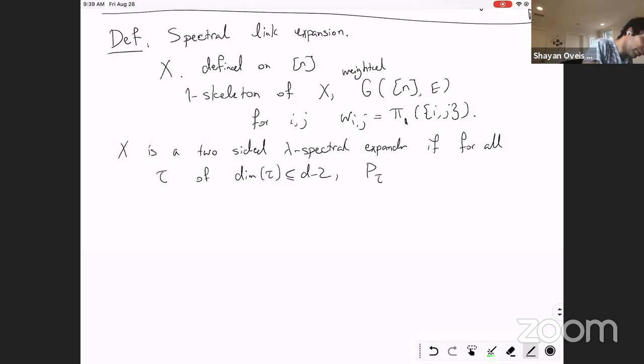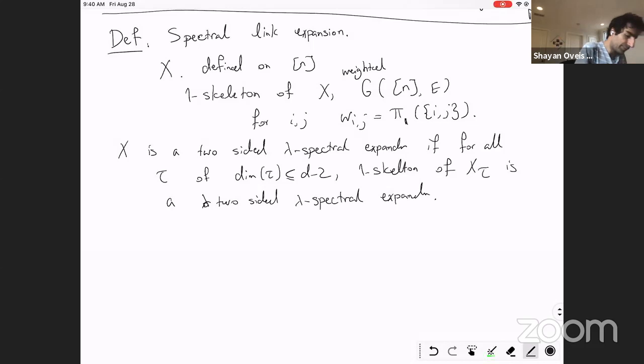P of tau, or let's try to find it this way. One skeleton of X of tau is a two-sided lambda spectral expander. In other words, I define the graph.